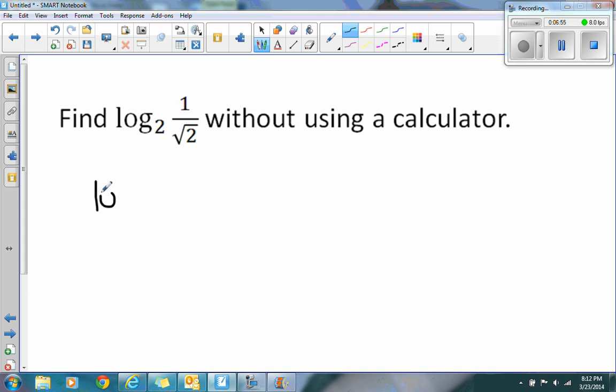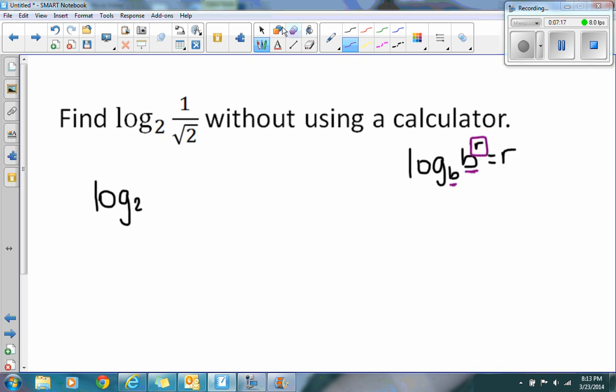So our approach to a problem like this one, when it says evaluate without using a calculator, is we need to remember the rule or the fact that log base b of b to the r power is going to be equal to r all the time. If these bases match, then our answer is just the exponent.